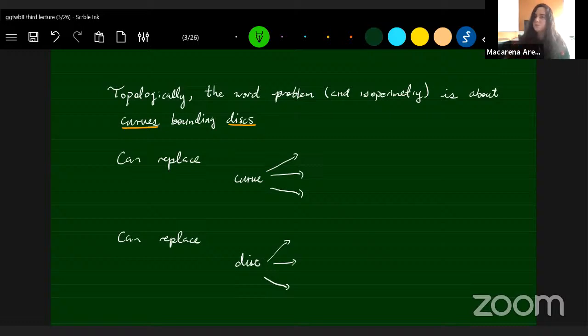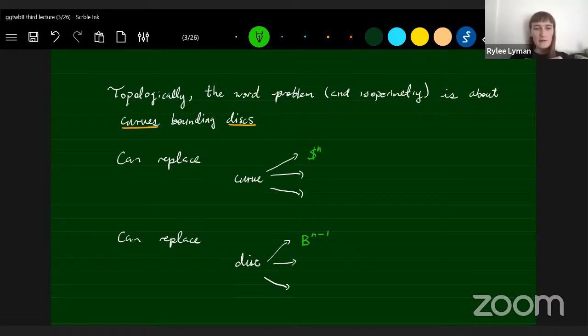One can replace a curve by a higher dimensional sphere, and in that case you would replace the disk by a ball of dimension n, bounded by a sphere of dimension n-1. That is like studying higher homotopy groups of a space.